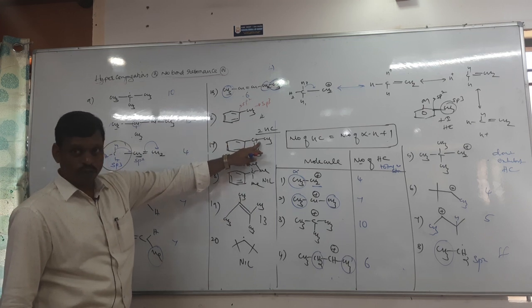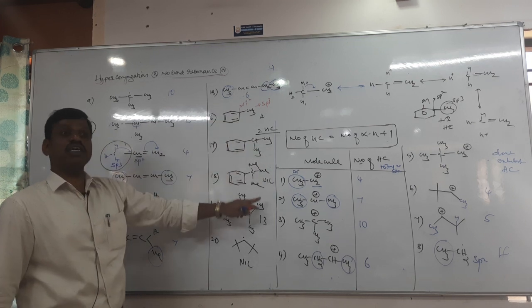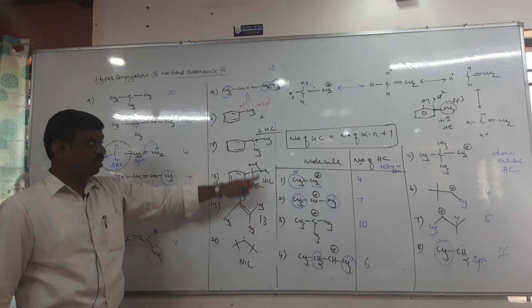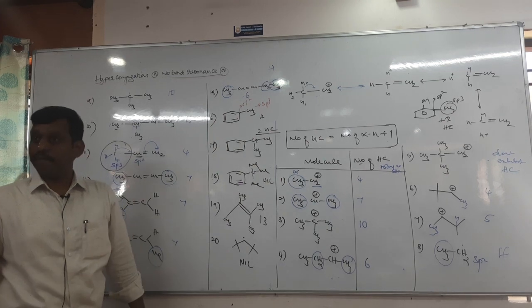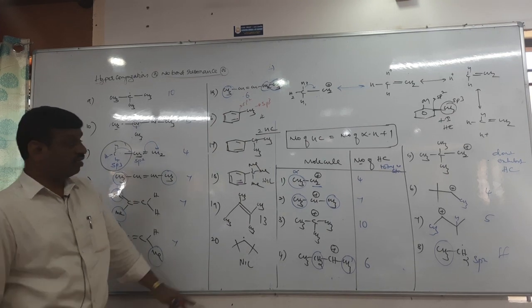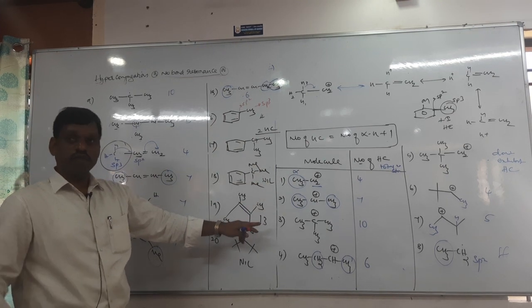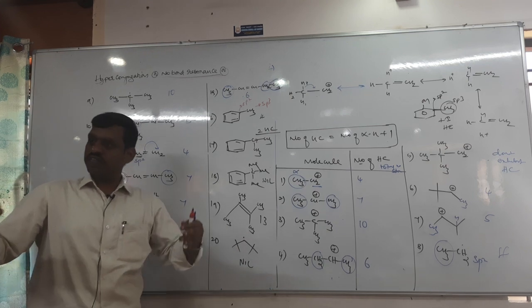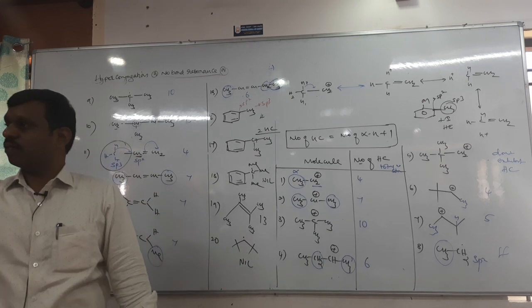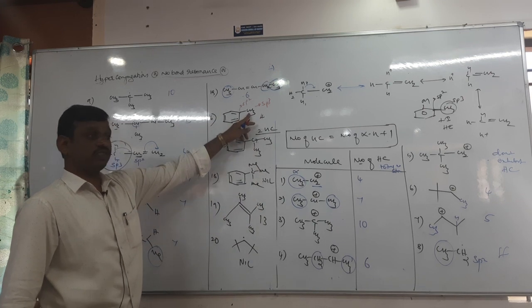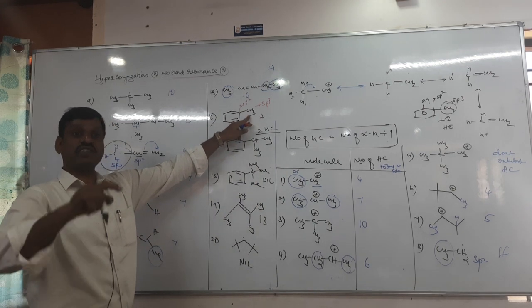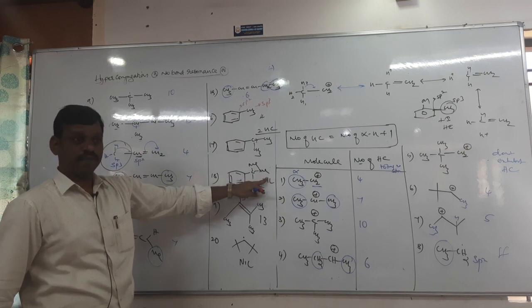Methyl, isopropyl, tertiary butyl, all are plus I groups. Each exerts plus I effect. Then what is the order of plus I? We have studied: if the size of the alkyl group increases, plus I effect increases. This is more plus I than this, than this. Methyl is the least plus I, tertiary butyl is the highest plus I.